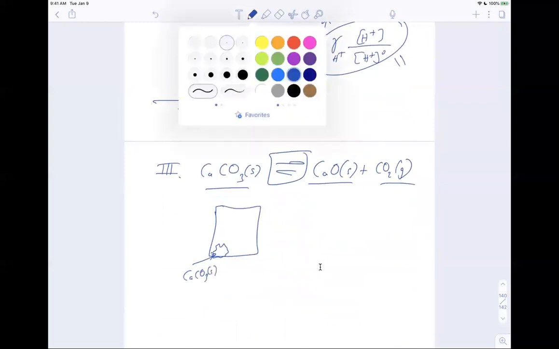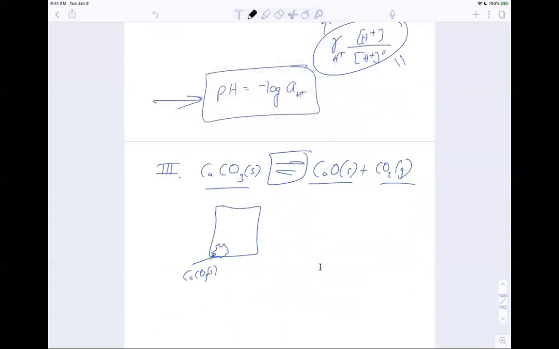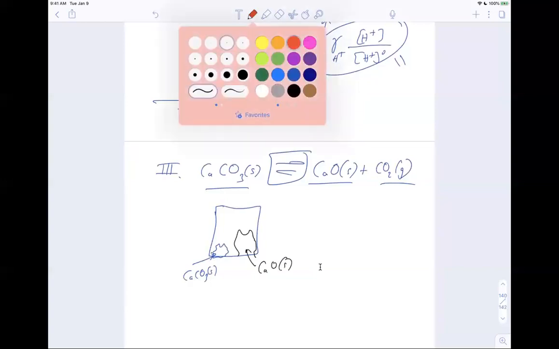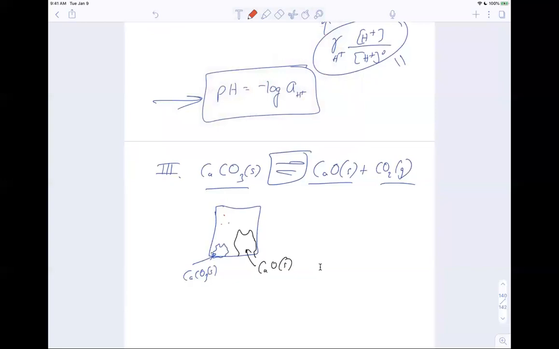And over here you might have a bigger lump of CaO, which is in the solid phase. And then above, you have CO2 in the gas phase.